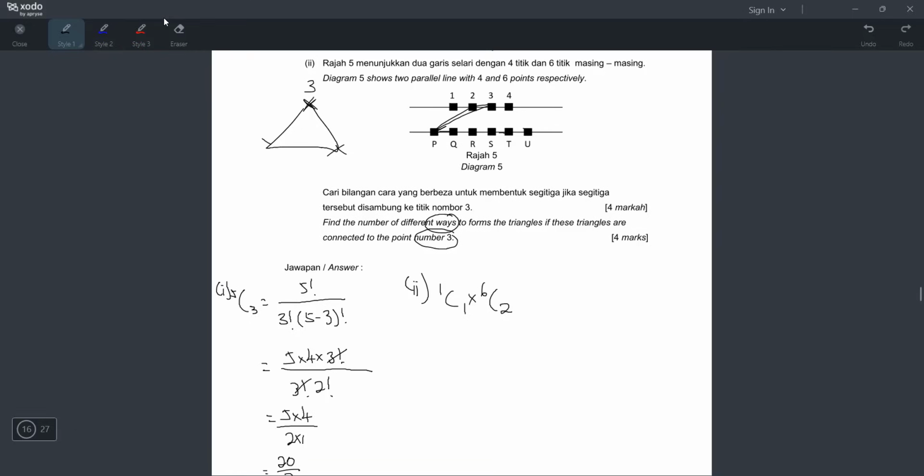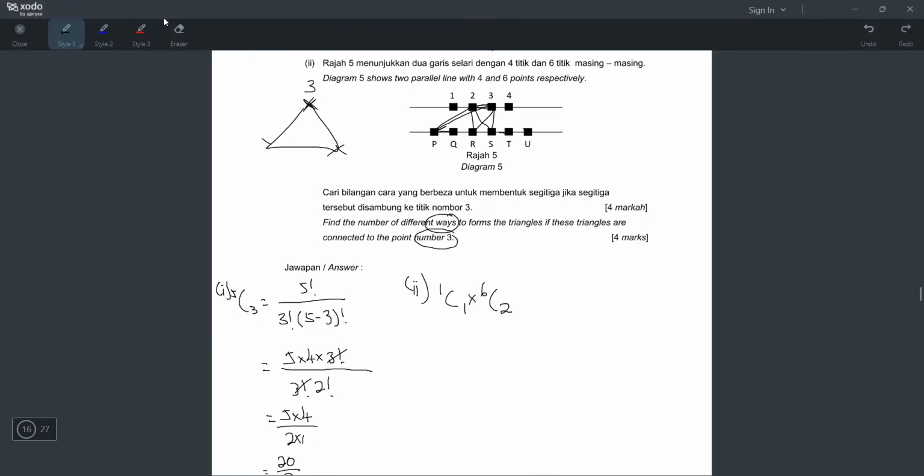Or maybe R32 or maybe S32. Okay, can you see the difference? It means that just now, 1C1 times 6C2 is the working for when I'm choosing one vertex on this line, where 3 is the only vertex on this line, and then I connect 2 on the bottom line. That's why it's 1C1 times 6C2.